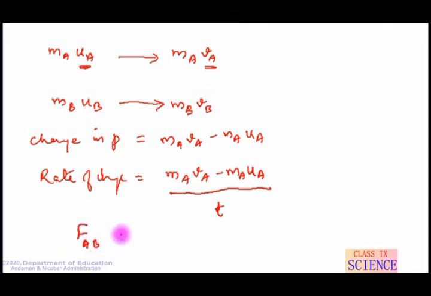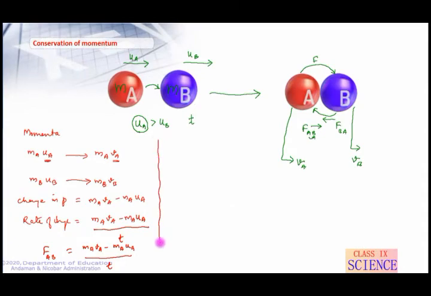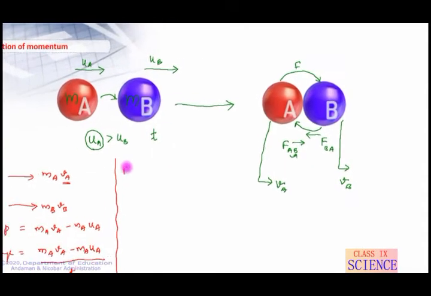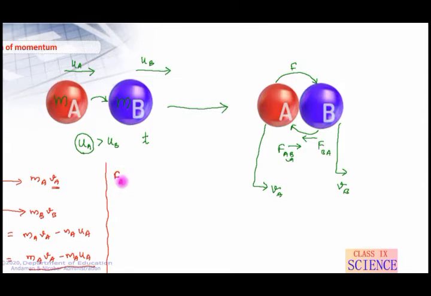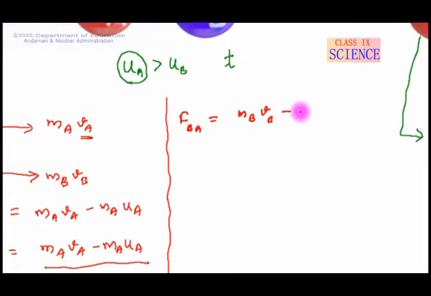So, FAB is equal to mAvA minus mAuA divided by time. Similarly, we can find the rate of change of momentum for ball B. The force applied by B on A, FBA, can be written as mBvB, here the final velocity, minus mBuB, divided by time.